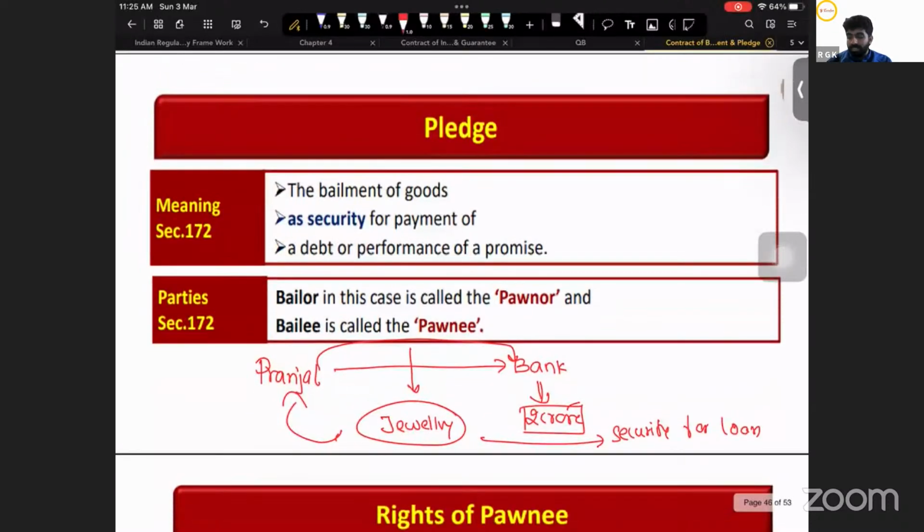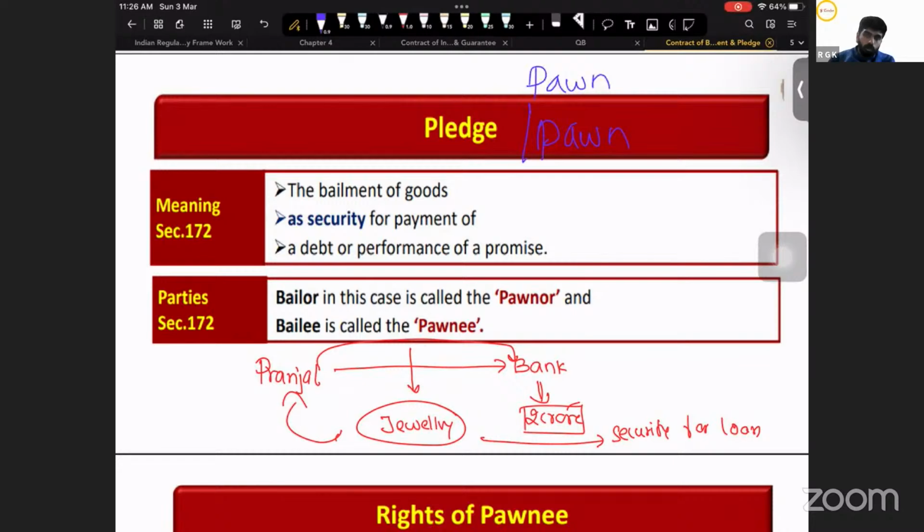Parties involved in a pledge are two parties, bailer and bailee. Here the bailer is called the pawner. Why pawner, sir? Because pledge is also called pawn. The contract of pledge is also called pawn.